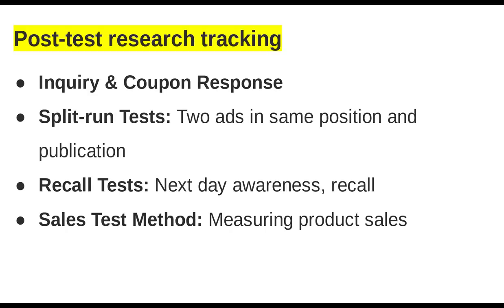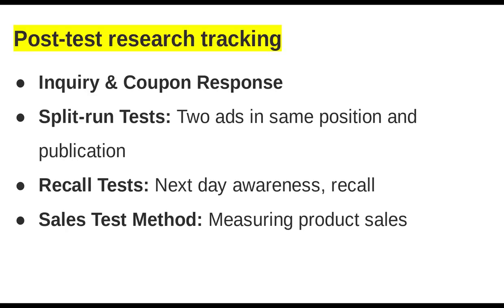Is the recall unaided? How successful was that particular commercial or video that they may have seen the day before? So that's another kind of test that we do. And then the last one there is sales test, which is simply to figure out if there was a bump in sales after somebody watched a commercial.